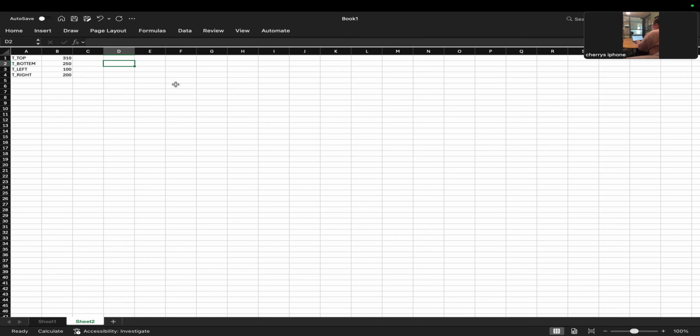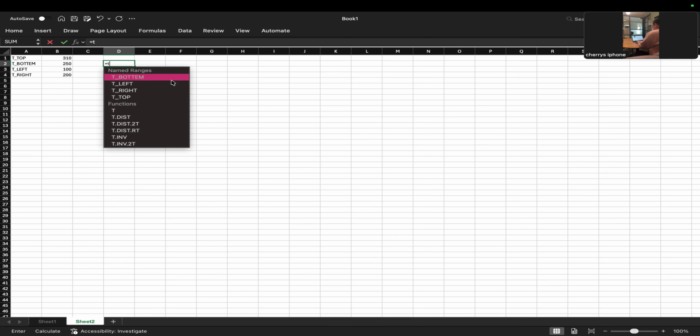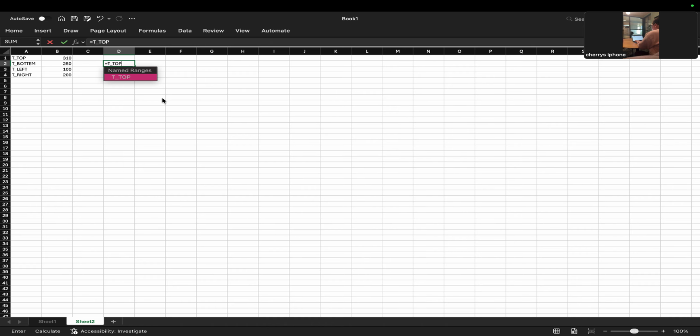So now we're going to label equals T left, and I'll go down 10 cells.